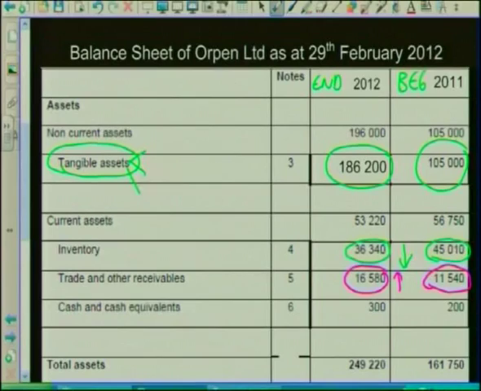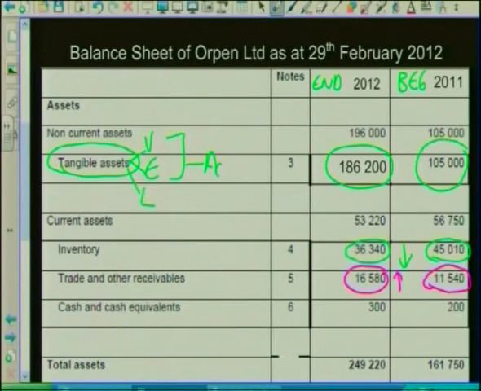So this amount is made up of maybe vehicles, cost price of vehicles, equipment, cost price, land and buildings, cost price as well. And we all know from grade 10 accounting that vehicles and equipment, we normally subtract depreciation over a period of time. In other words, we subtract accumulated depreciation.